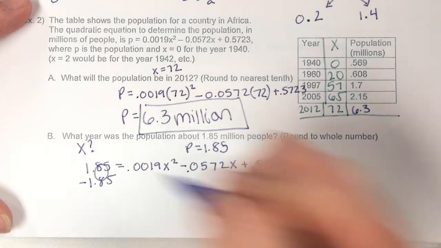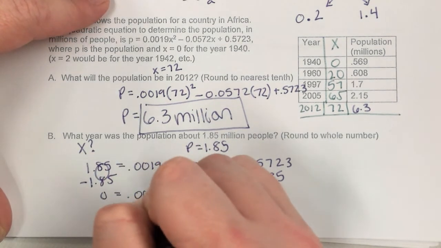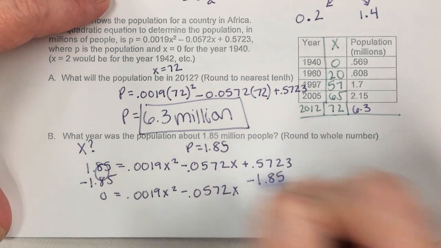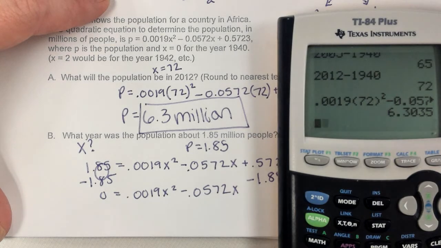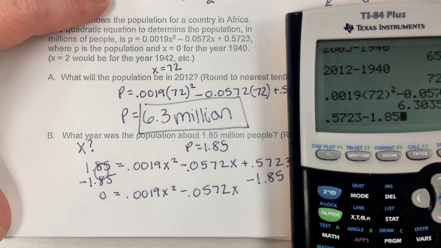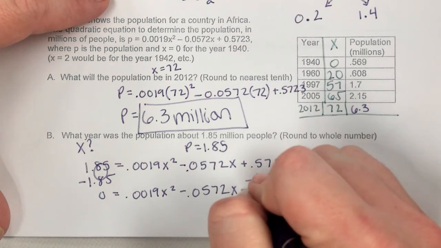Guys, please just hold off. So I get 0 equals 0.0019x squared minus 0.0572x, 0.5723 minus 1.85, negative 1.2777.